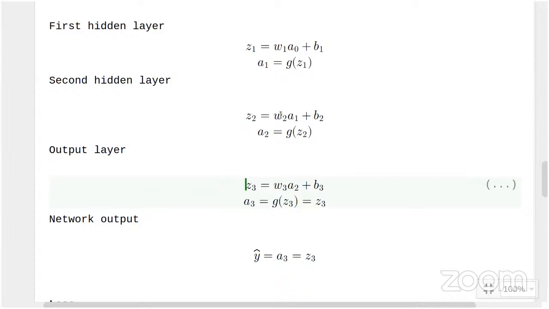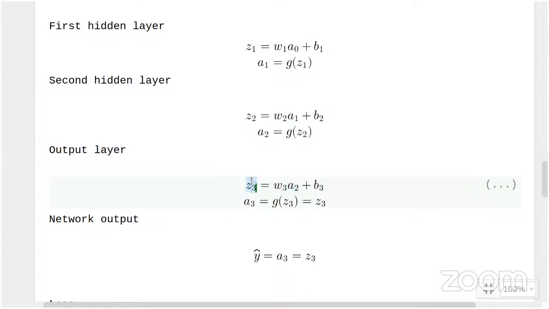So do you see the chain of influences? If I keep B2 constant, and A1 is anyway input, so A1 is treated like a constant. If I change W2, that will impact Z2, which will in turn impact A2, and if A2 gets impacted, Z3 will get impacted.